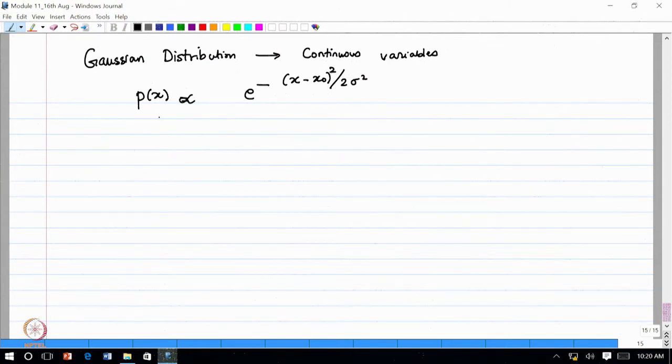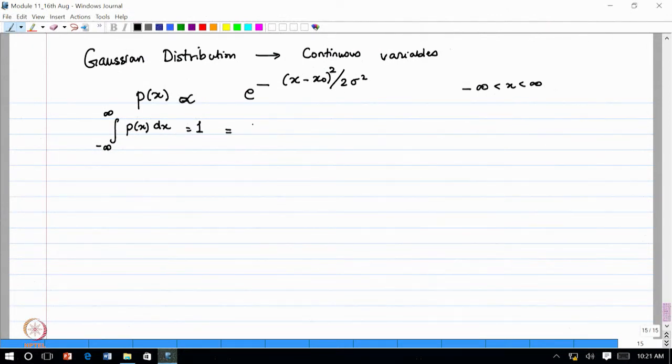So, the first thing you can say is that to determine this constant of proportionality, you impose integral p of x dx, where the range of x is minus infinity to infinity, equal to 1.